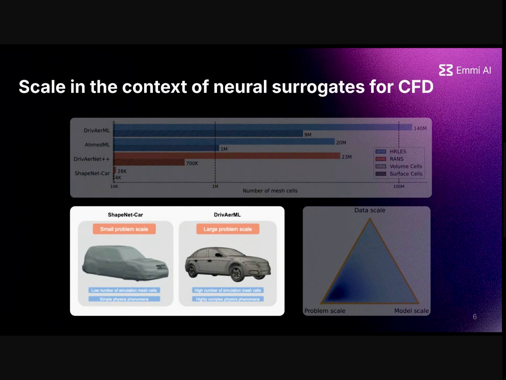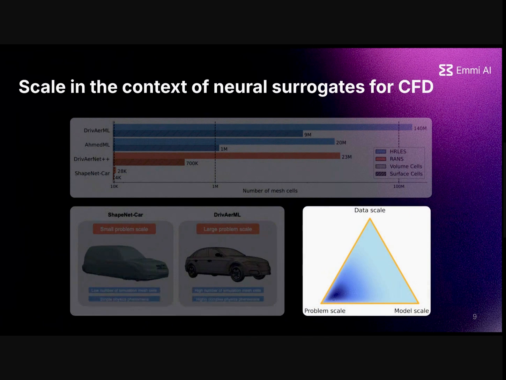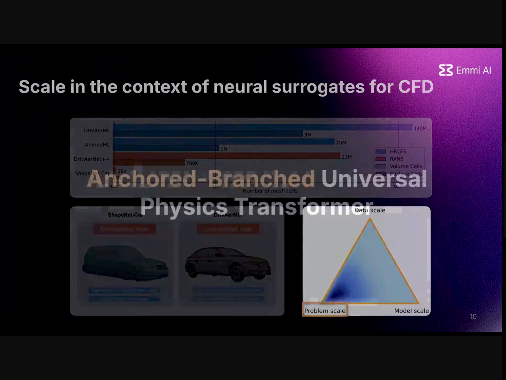If you look at data sets like ShapeNet with a small problem scale, they have a low number of simulation mesh cells, and they also model simple physics phenomena, while the large problem scale data sets have a high number of simulation mesh cells and model complex physics phenomena. So if you have the triangle of scale, data scale and the number of data points, model scale and the number of trained parameters, we will actually focus on the scale of the problem in terms of simulation mesh cells.